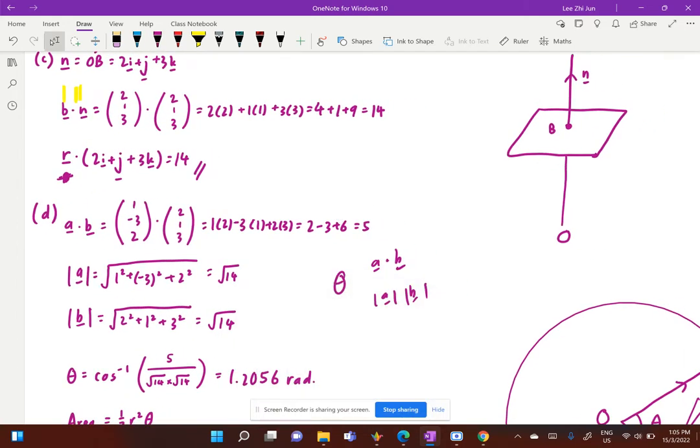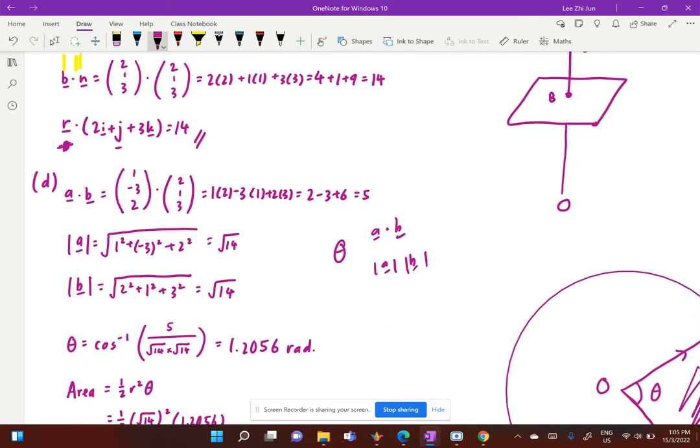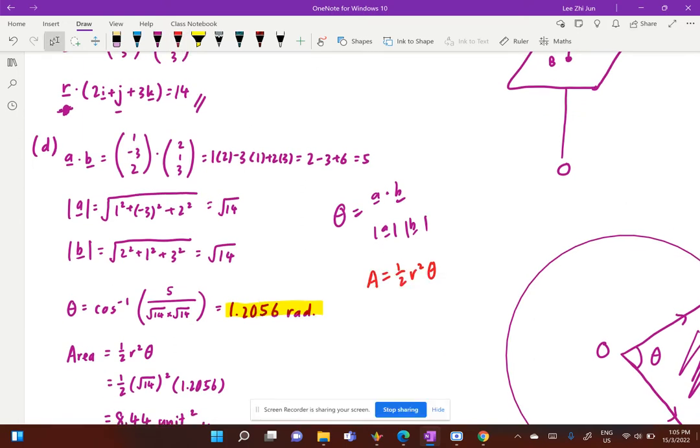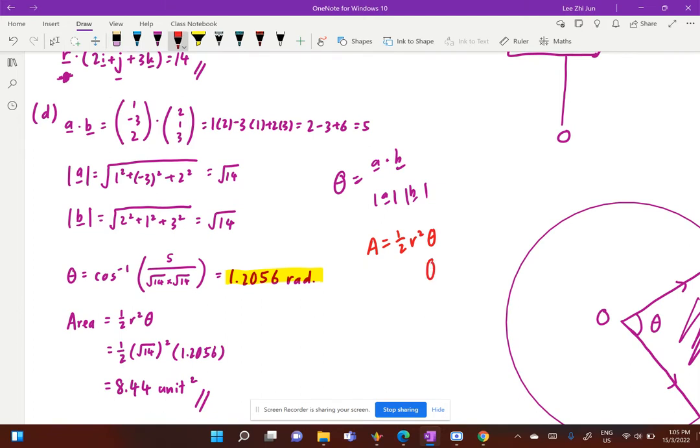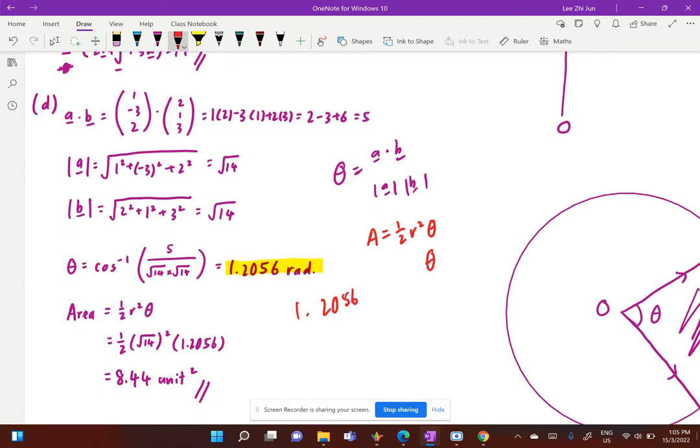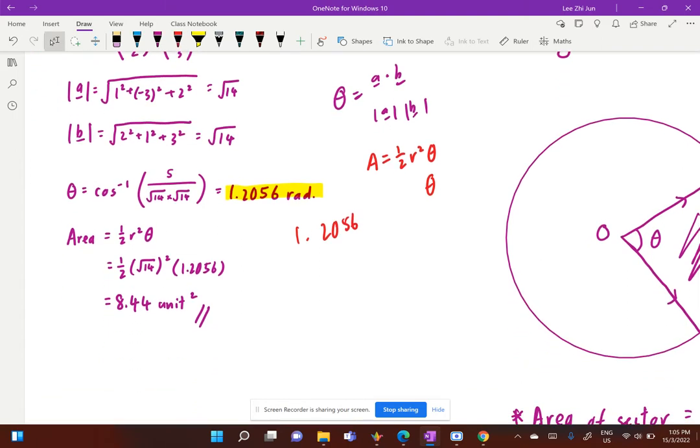And then you get this theta, but this theta is special because you need to find the area of the minor sector. The area of the minor sector will be 1 over 2 r squared theta. From secondary school, we learned this. So the theta must be in radian form, 1.2056 radian. So I can get the area.